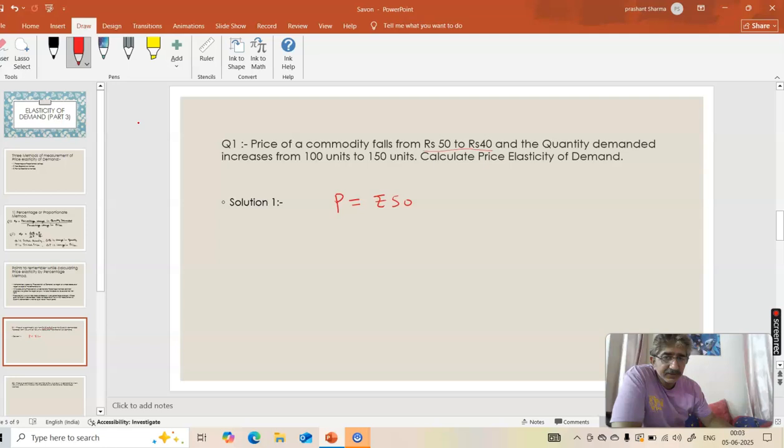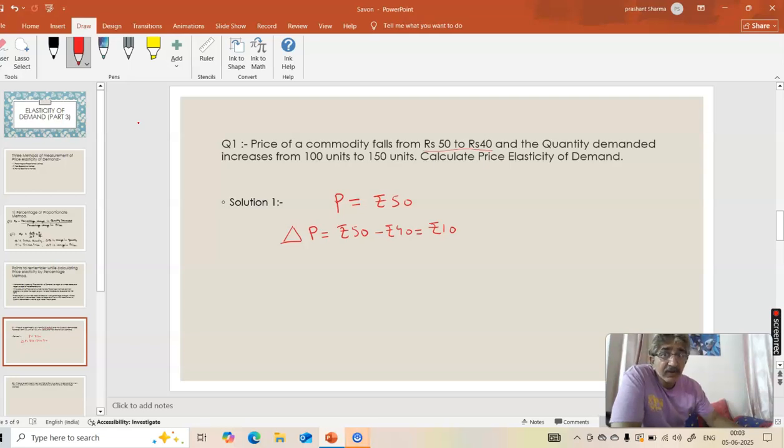So you can calculate the change in the price. From 50, it falls to 40. So that makes it rupees 10 change in the price.